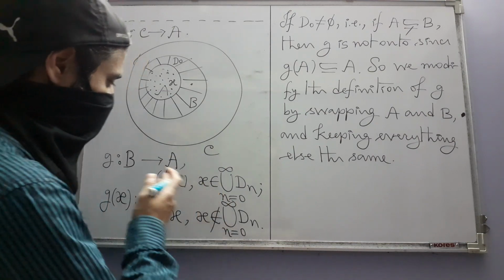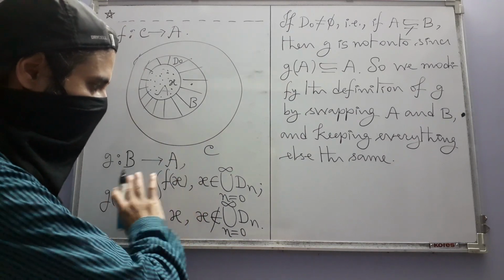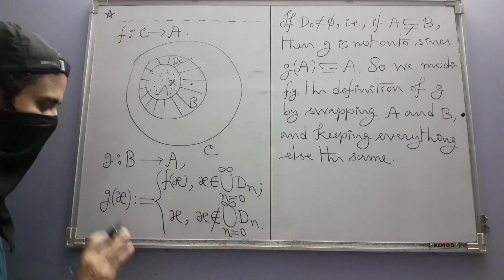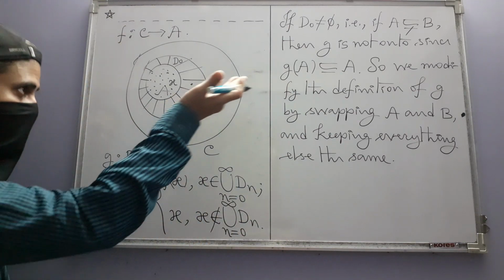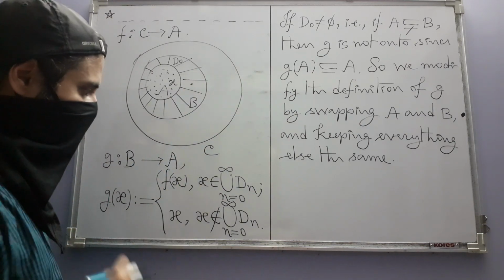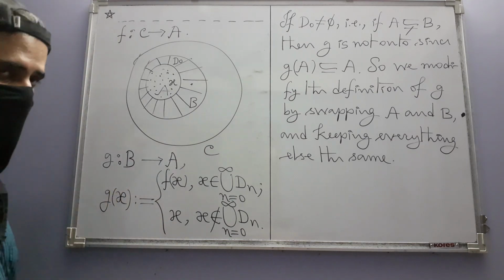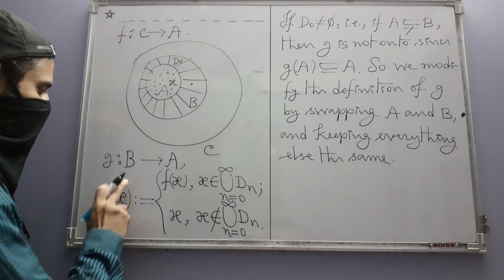But we have to again see whether this makes sense, because previously we saw that there was no problem with the definition, at least. There is this problem only. But now we have swapped, we have interchanged the positions of A and B. Now is g well defined? Let's see that first.